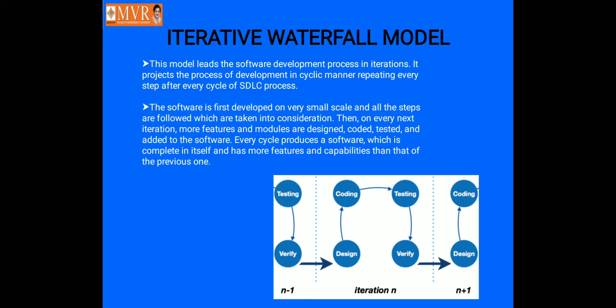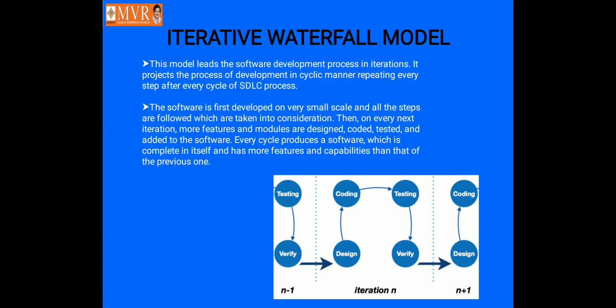So the next model is the iterative waterfall model. This model leads the software development process in iterations. It projects the process of development in a cyclic manner, repeating every step after every cycle of the SDLC process. SDLC means software development life cycle.